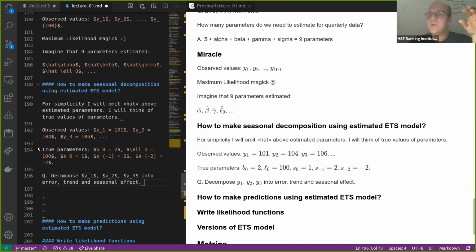So I have observed values. I have true parameters. In real life, I don't have true parameters, but I have estimates of true parameters, and I work with estimates exactly in the same way I work with true parameters, so that will not change our calculations. Okay, let's copy.